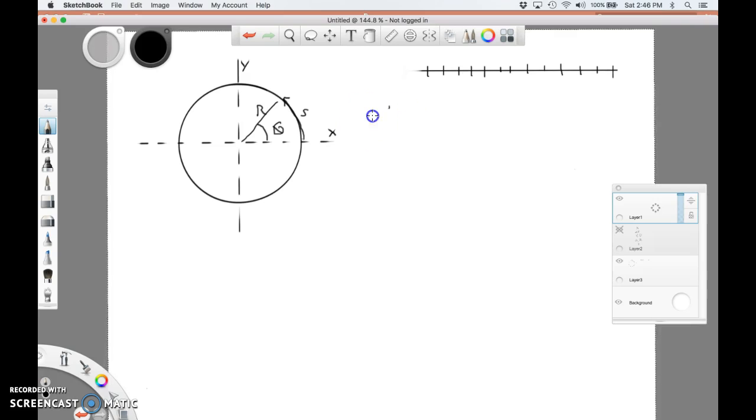And so we say that the distance is equal to the radius times the number of radians. Okay? Now, on the surface, this might be really confusing to you. And so I have a couple of illustrations I want to show you about how this works.